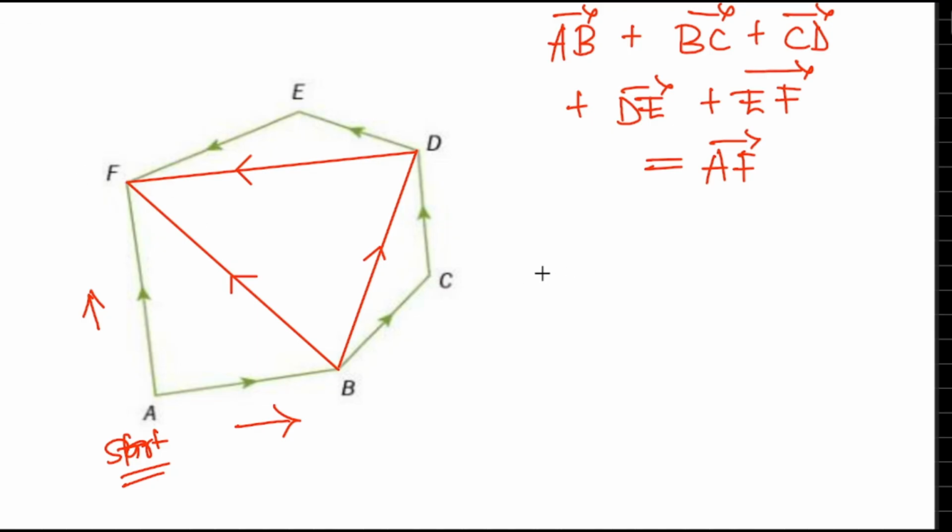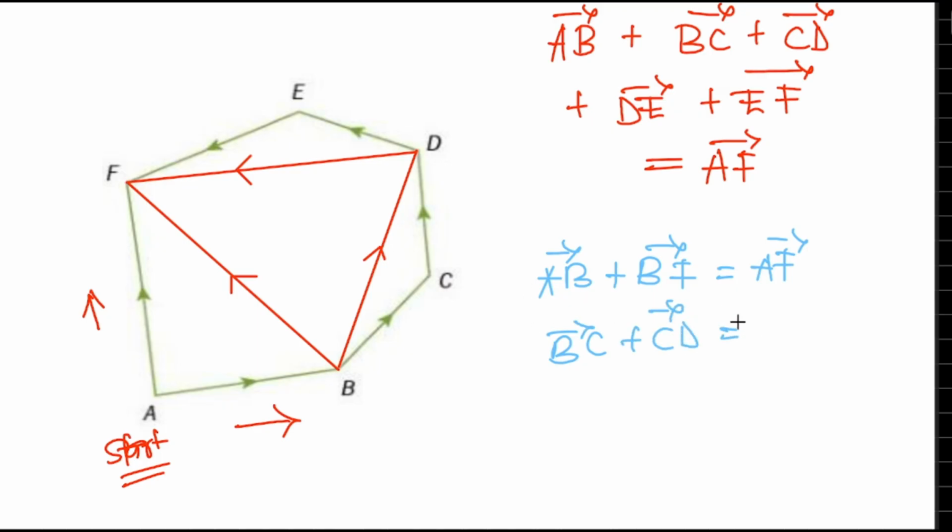So if we follow this one, we can have AB plus BF equals AF, and BC plus CD equals BD. You can see the breaking down. And DE plus EF equals DF.